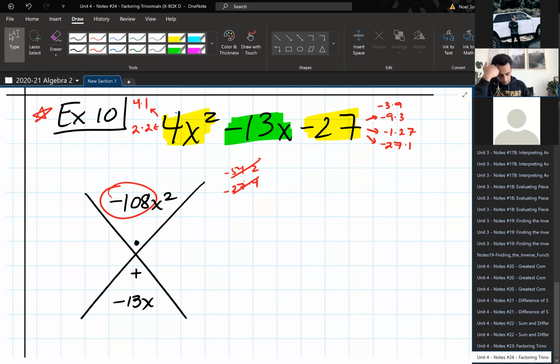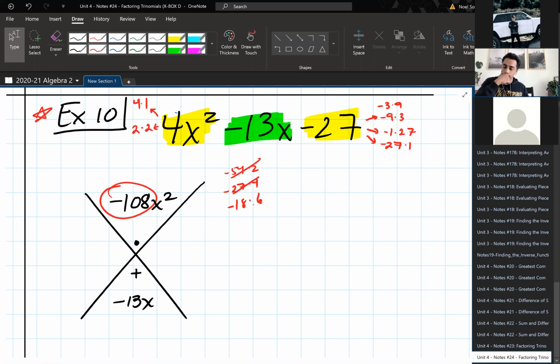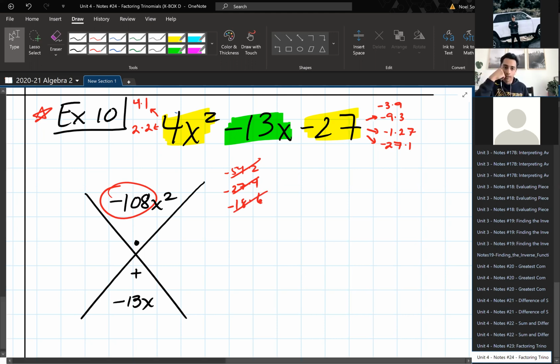Yeah, okay, negative 18 times 6. But when you add those together, that's negative 12, right? Not negative 13, so it doesn't work. The other one could have been negative 12 times 9, but that, again, is negative 3.